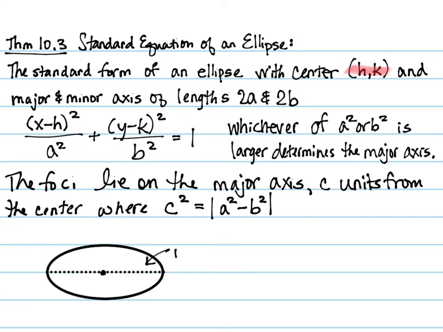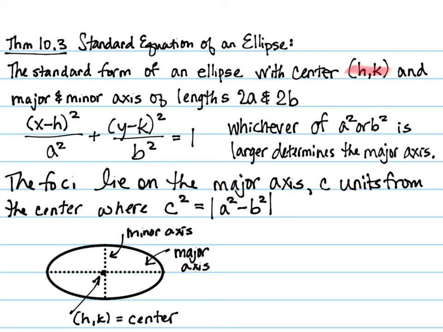So this is my major axis. We could cut it in half vertically, and that would create our minor axis. Of course, that dot I put in the middle was my center, (h, k).